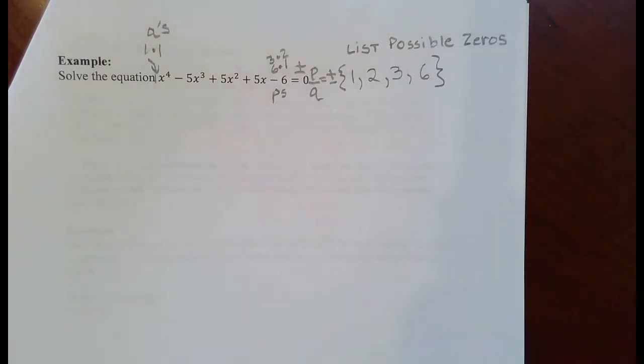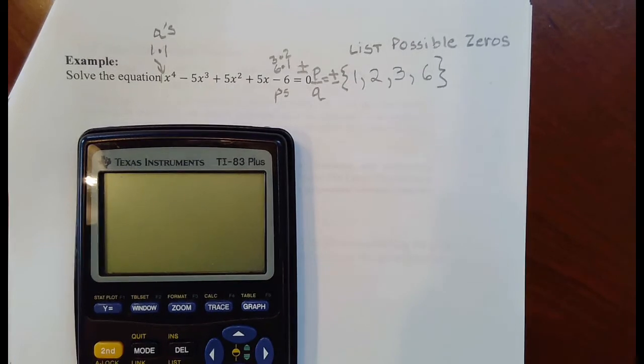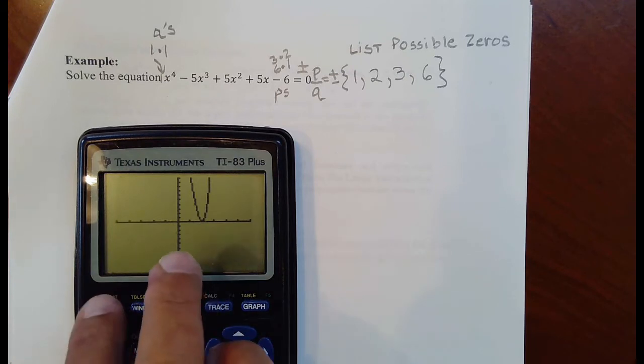But just to avoid trying too many of them before we hit our very first one that works, we can use our calculator. And you might want to snatch a couple of things that work. Because remember, for each number that zeroes it out, you're going to be knocking it down a degree, and we need to knock it down twice. So we'll grab 2 values that work, but we'll still show the synthetic division.